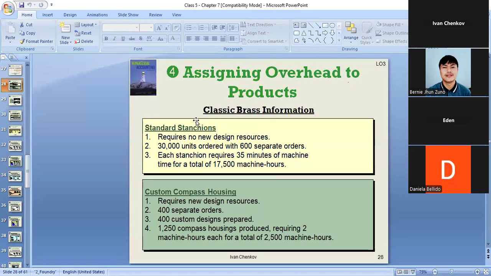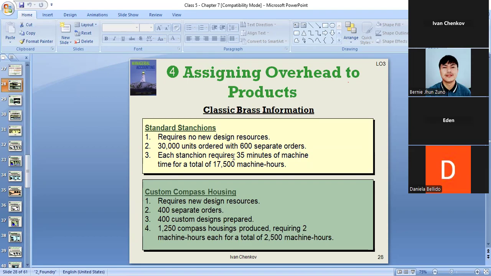Now, what are the activities that they have under each division? In the standard sanction, they don't require new design, because it is just a standard. We're not doing anything new. But we have 300 units order with 600 separate orders.